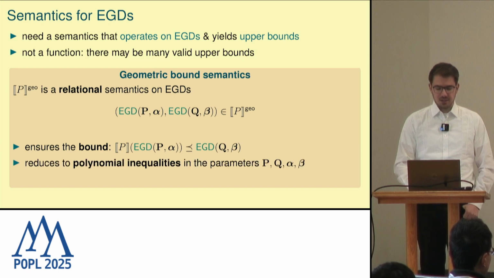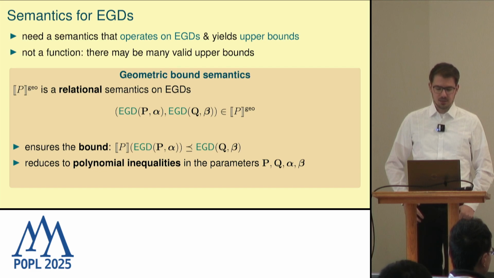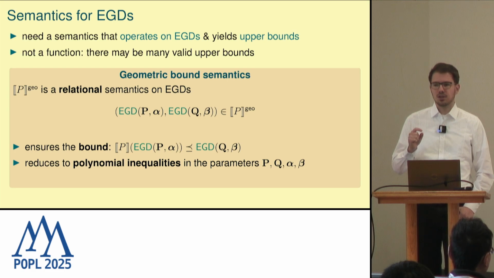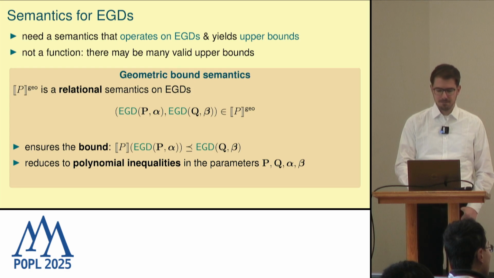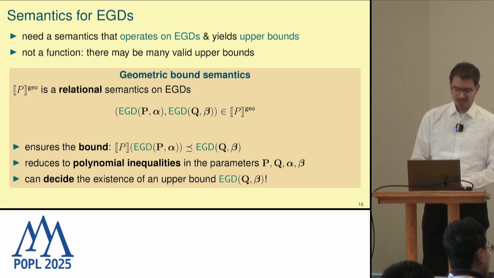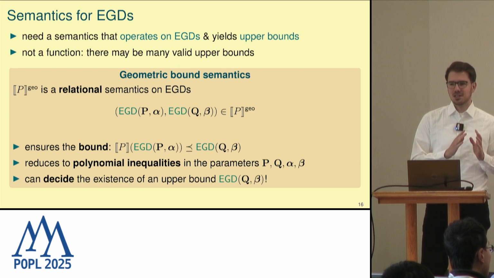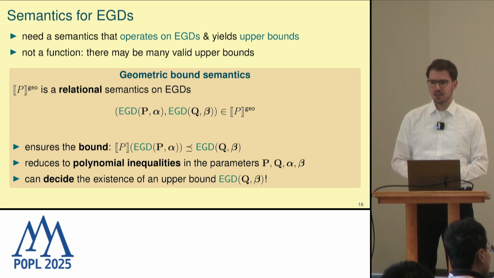And it turns out we can define this semantics in such a way that this relation reduces to polynomial inequality constraints on the parameters of the EGDs. And this is nice because solving such inequalities is decidable. So for a given initial distribution, you can decide whether there exists an upper bound.